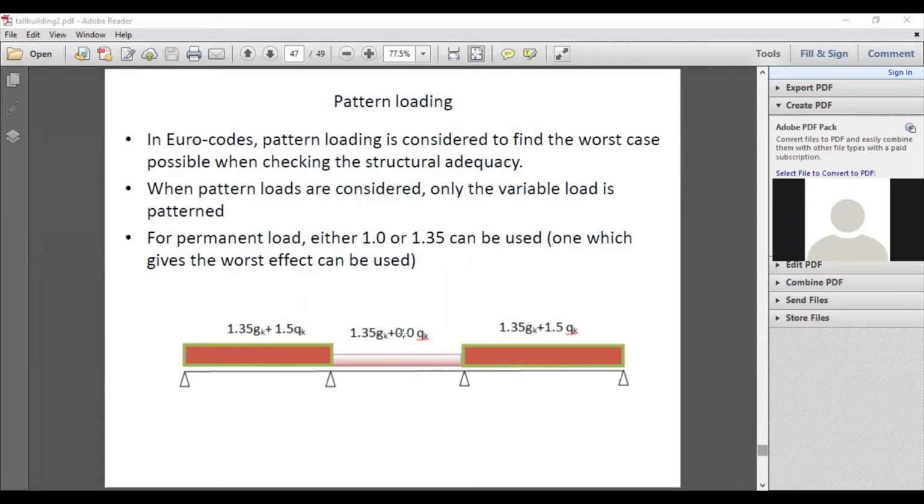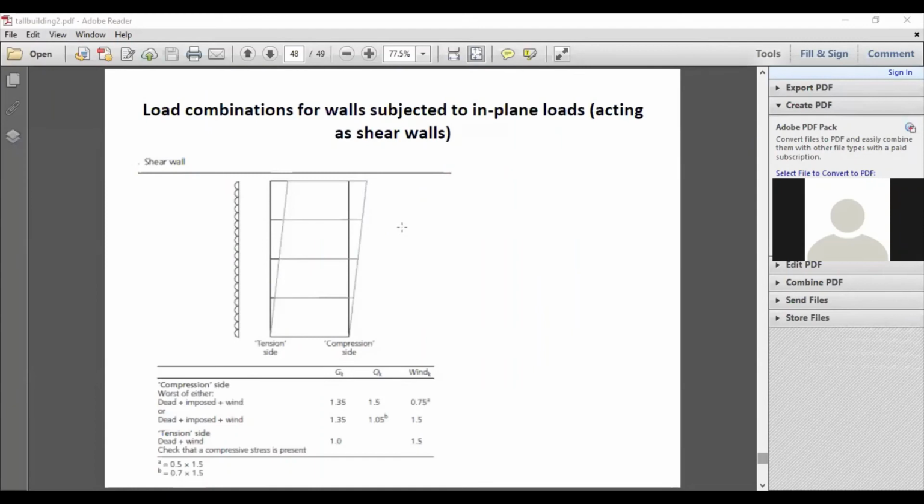So then we can also have a look at one of the common elements that we get in tall buildings, and that is the shear wall. And in the case of shear wall, if you look at one side, if the wind is acting, what happens in the shear wall is something like this.